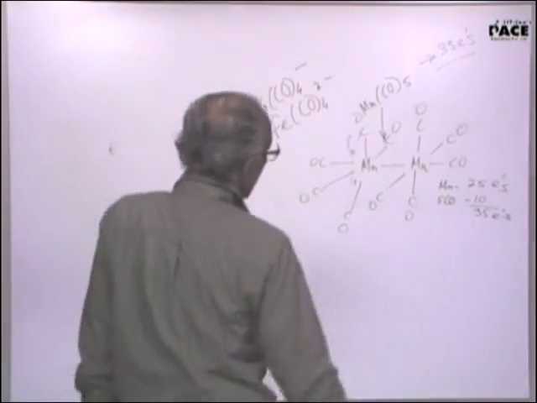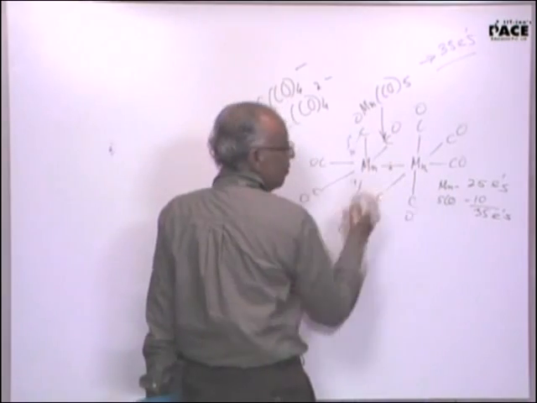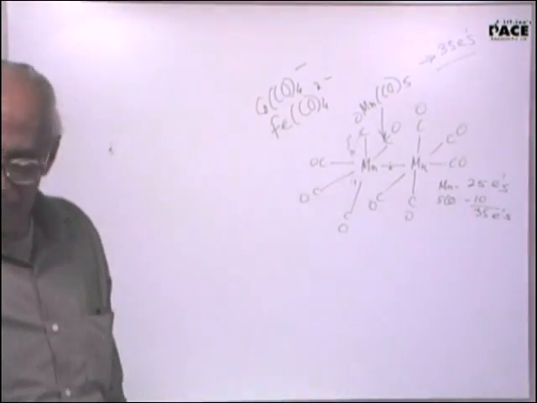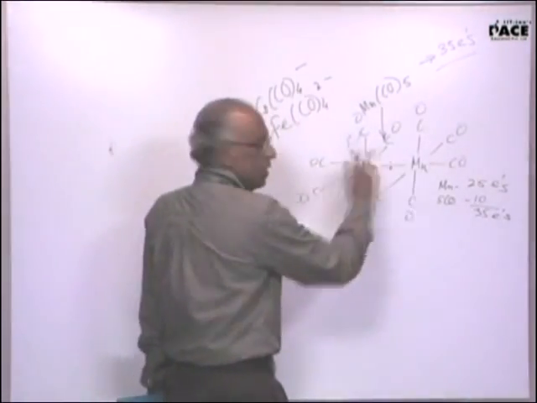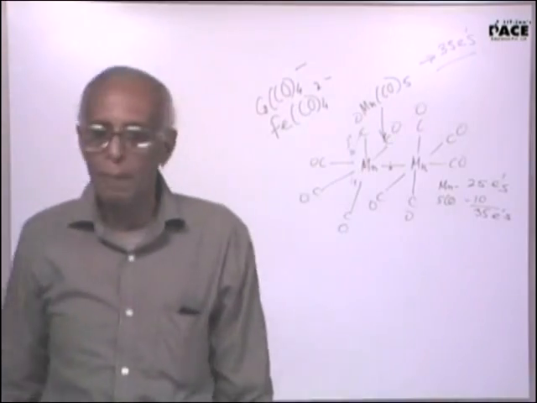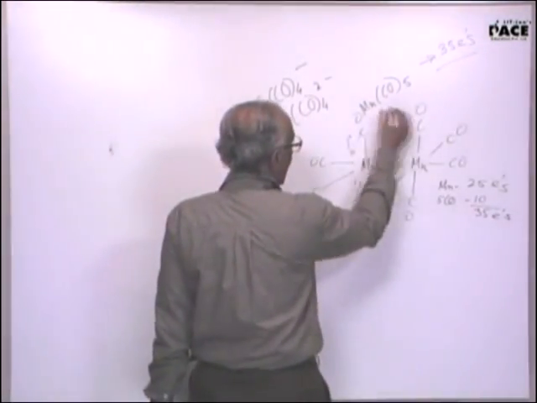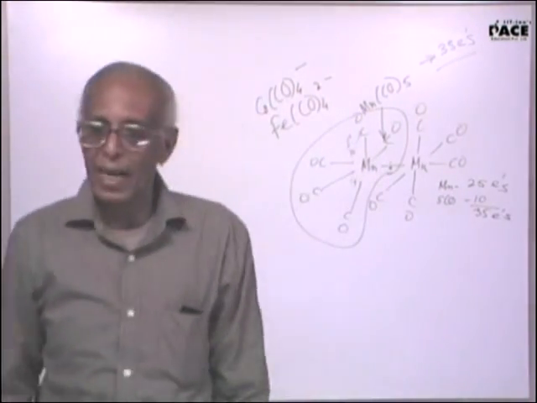Now, when each manganese gives an electron, I have put a cross for the second manganese and a dot for this manganese. So when it donates an electron to form a metal-metal bond, then you count both the electrons around each manganese.